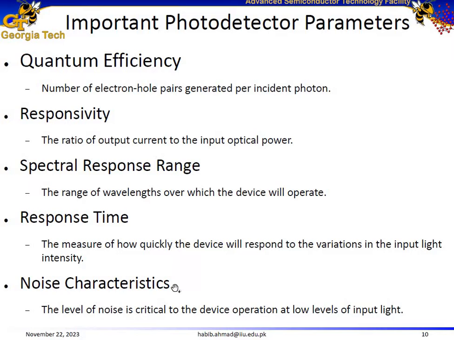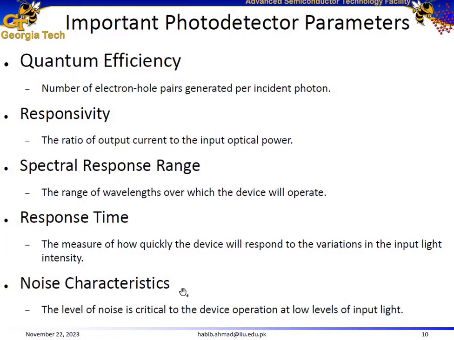So in case of photodetectors, the input is optical power. It is light. And we know that there is noise in the environment, and there is noise generated by semiconductor devices as well, thermal noise, etc. So if the power levels of the incoming light are low, our photodetector should still be able to operate properly in the presence of that noise.